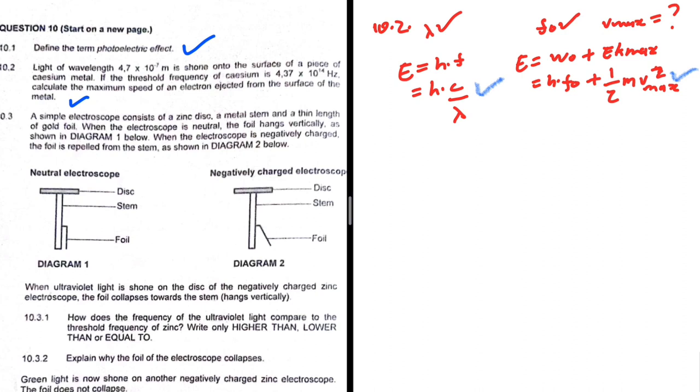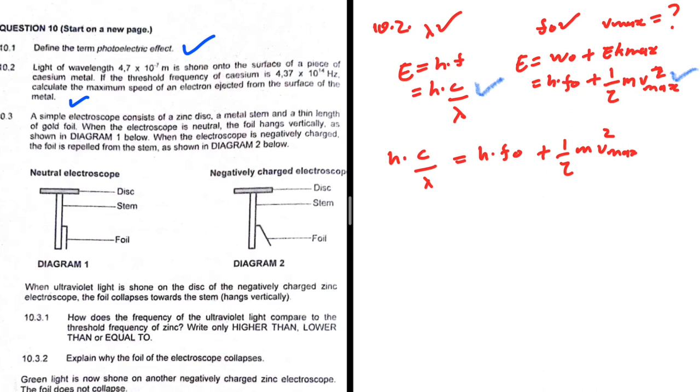We can say that Planck's constant times the speed of light divided by wavelength is equal to Planck's constant times the threshold frequency, plus a half the mass times v max squared. We can do this because all these equations are equal to the energy. So now we can go ahead and calculate.